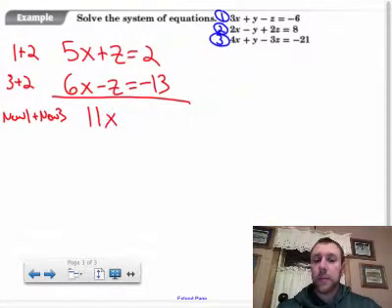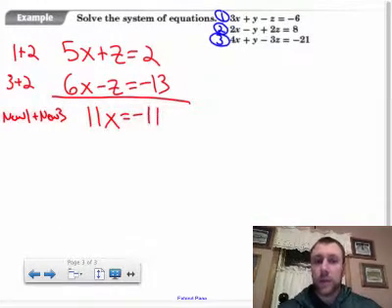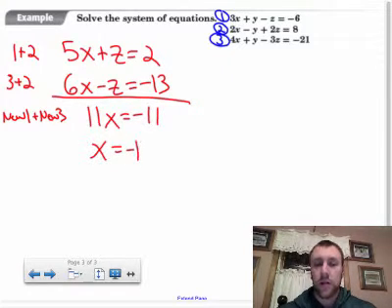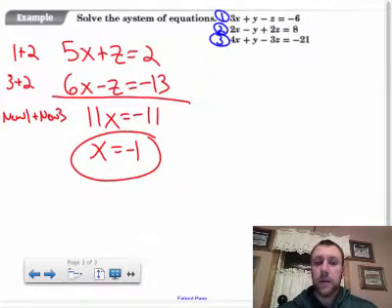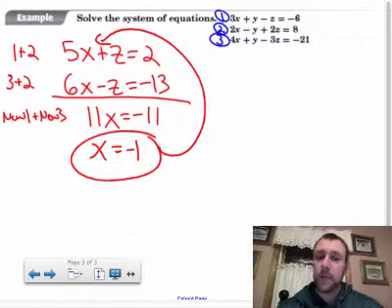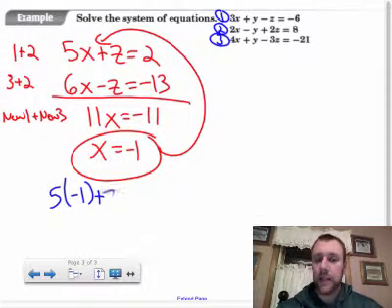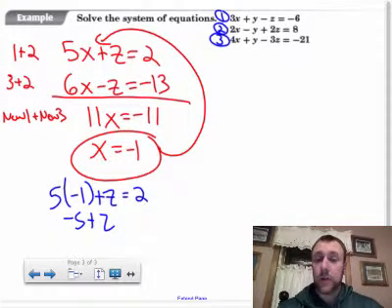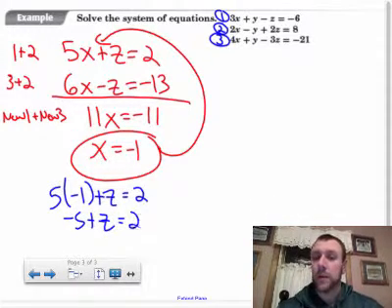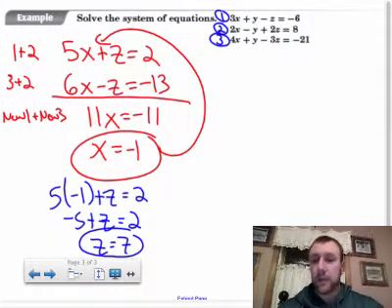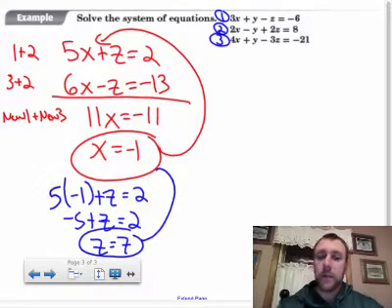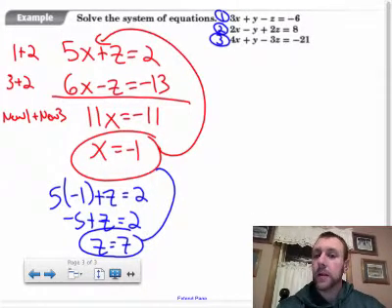So now I'm not going to plug that into the old equations. I'm going to plug it into one of the newer equations that I have, because those are still valid to use. I can plug it into any of the equations, and I can still get the same result. I'm going to get z equals 7. So now I take both of those and I plug it into one of the originals because that has the x, y, and z. So I'm going to choose the one with the least number of negatives. They all have negatives, but that's my suggestion to you.